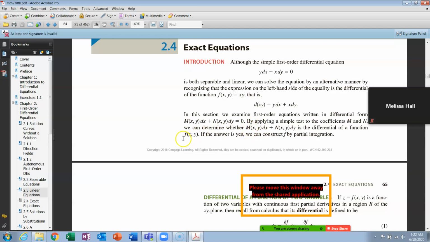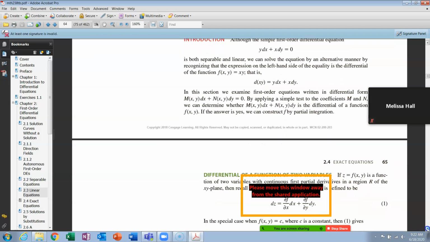Because if you take the total derivative of this, that'd be a partial of this thing with respect to x dx and partial of that thing with respect to y dy. So if this is a partial of this with respect to x, and this is the partial of that with respect to y, then you can solve this by partial integration. Okay, let's move on.